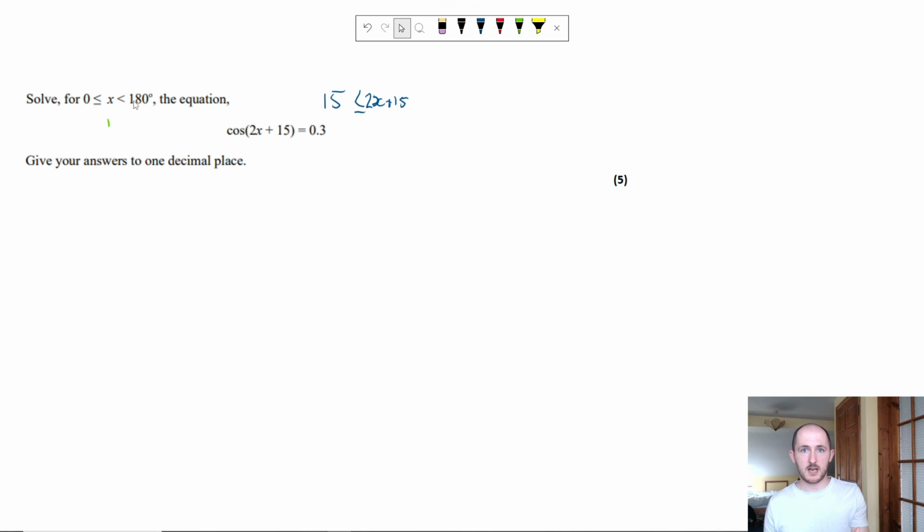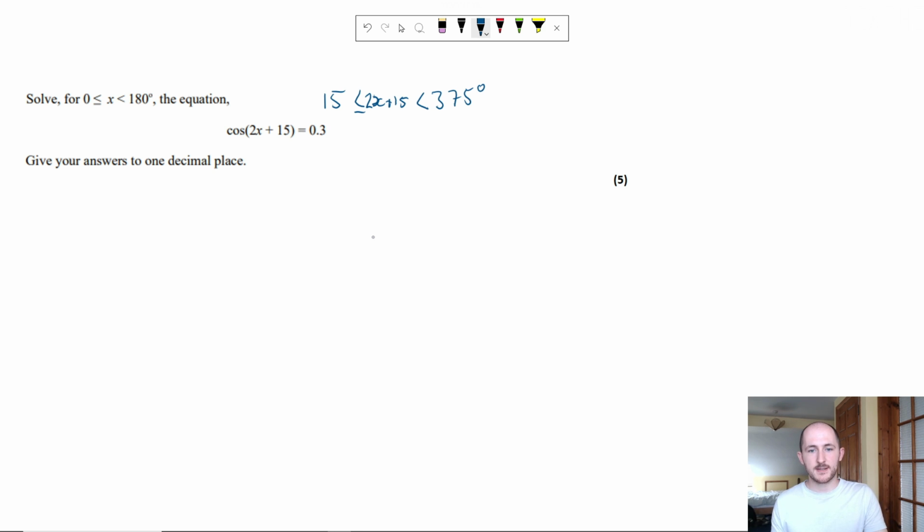Likewise, there have been times where 0 to 360, not inclusive, there's no equals, and you drop marks, and it's so harsh. Please, for the love of God, remember this, okay? Keep looking back, keep double checking. And for the upper value, doubling 180 gives me 360, adding 15 would give me 375.